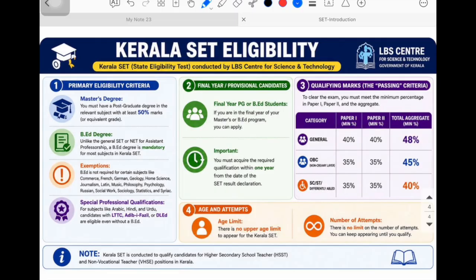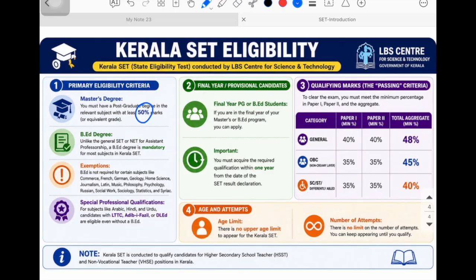You must have a postgraduate degree with 50 percentage marks, and you may be doing a B.Ed or must complete the B.Ed, because for HSST, the higher secondary school teaching post, you must have a B.Ed. So for the SET examination, you must have a B.Ed.